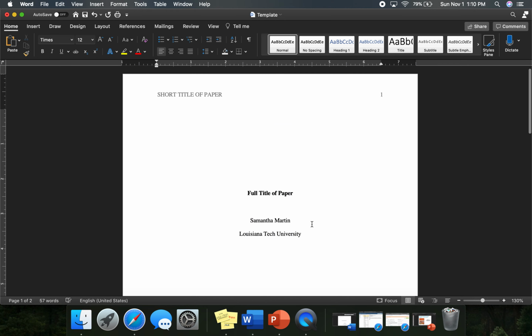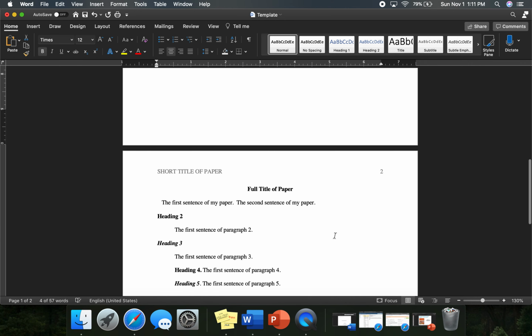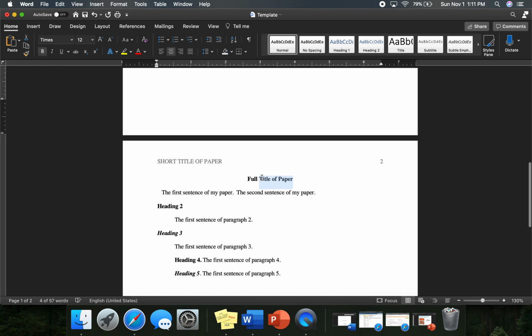Another thing I saw, some people didn't have a title at all, or they did and it wasn't bold, so make sure that that's bold, that kind of thing. I saw multiple people put abstract here instead of the title of their paper. So first of all, you don't need an abstract at all for these papers. I've talked about that before.